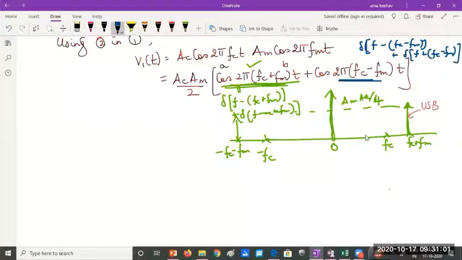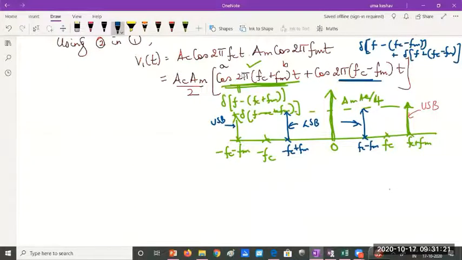So I should mark the point Fc minus Fm. I'll get one impulse here, and the mirror image at minus Fc plus Fm. You'll get this image. This corresponds to LSB, right? And these things correspond to USB.